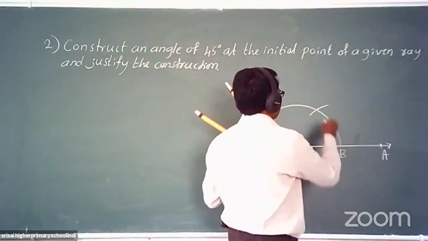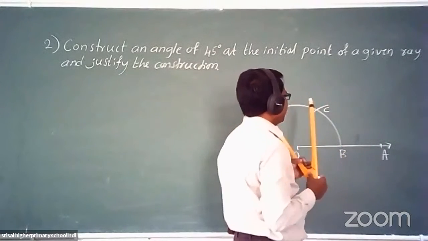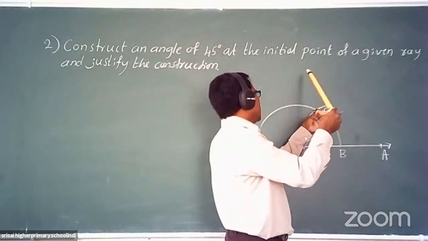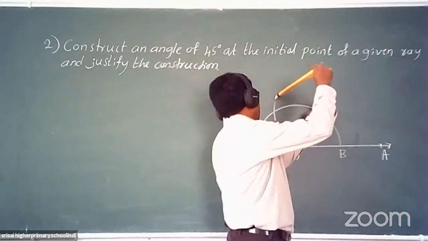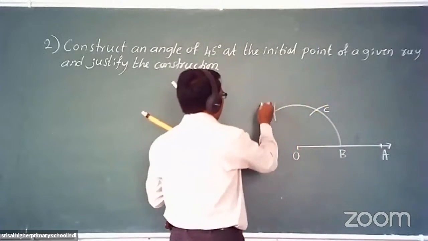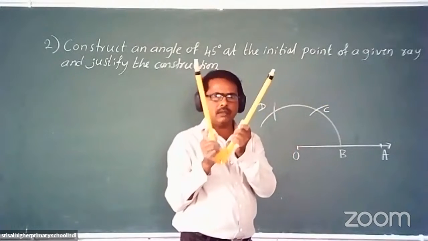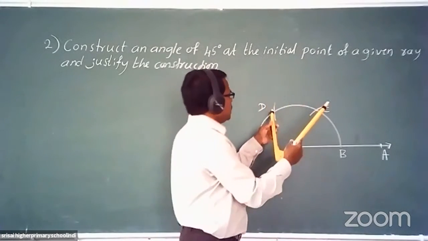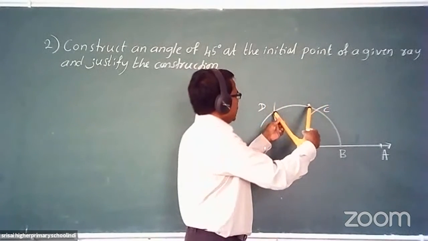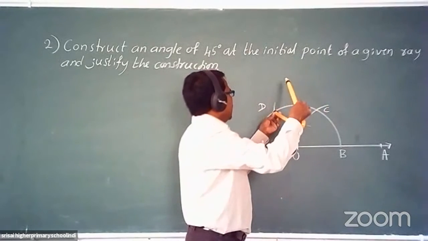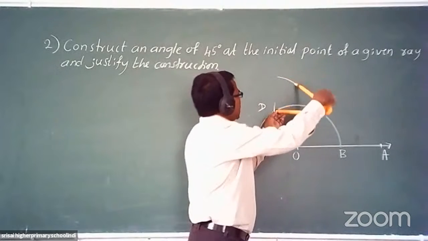Let this point be C. Then keep the fixed arm on C and cut the previous arc. Let this point be D. Now you can change the arc length, but it should be more than half of DC. So keep the fixed arm of the compass on D and draw an arc.